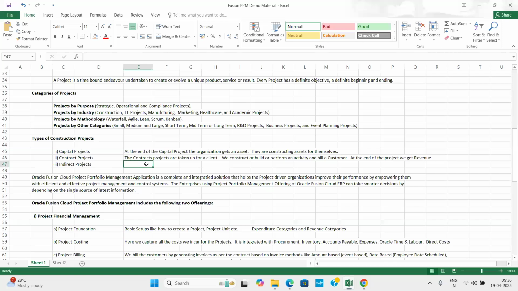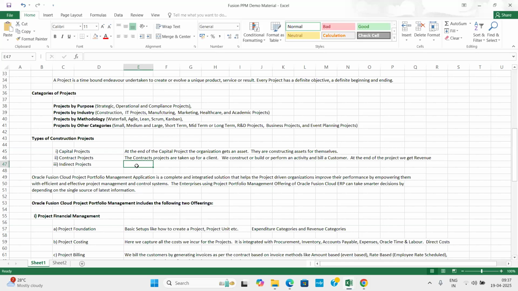There are indirect projects. These are not specific to a certain thing; indirect projects are not for any particular thing. So the costs incurred on the indirect projects are spread over a period of time or over different activities. Suppose now we are training IT people. When you train the IT people for six months, your employees are not going to work on only one particular project.